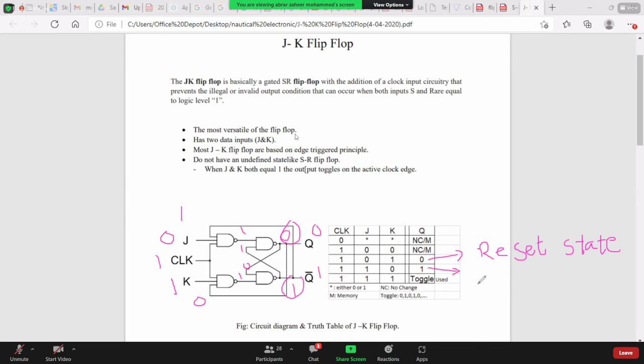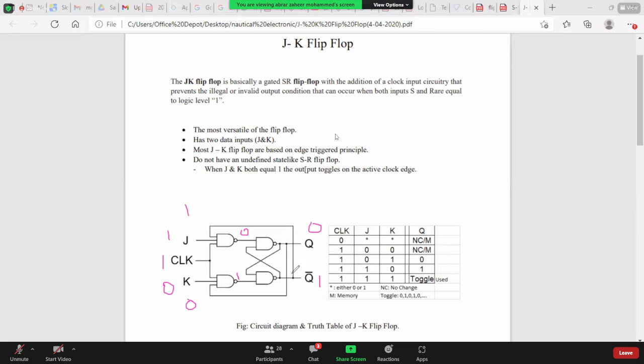And next is what? Clock is 1, J is 1 and K is 0. So this Q is 0 and Q bar is 1. This one will come here and this 0 will come here. 1 into 1 into 1, output here will be 0. 1 into 0 into 0, output here is 1.